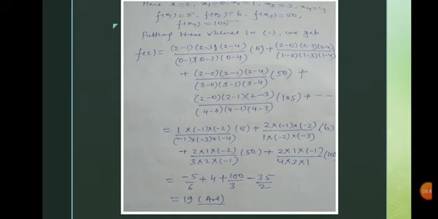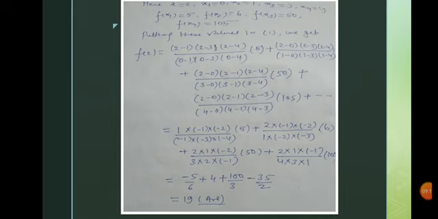After solving, this term is 2 minus 1 means 1, 2 minus 3 means minus 1, 2 minus 4 means minus 2, and in the same manner 0 minus 1 is minus 1, 0 minus 3 is minus 3, 0 minus 4 is minus 4, into 5.